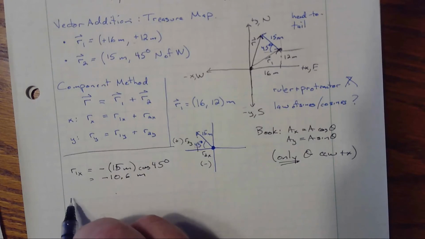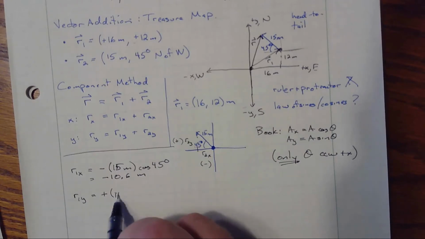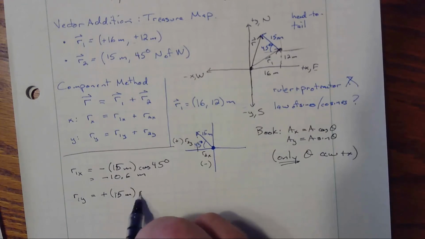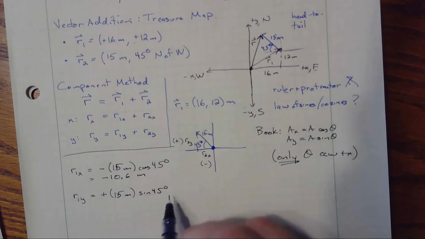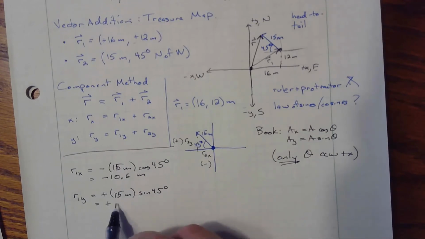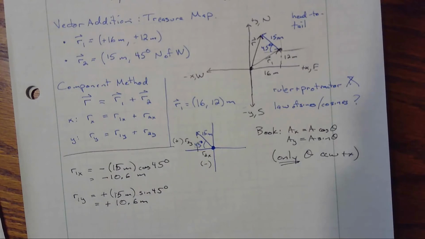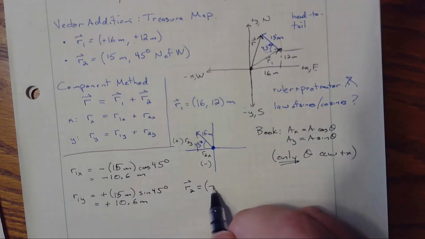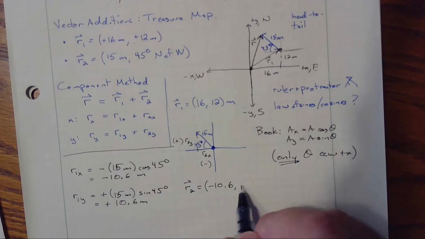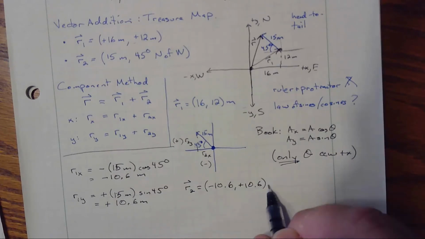And then my r1y will be equal to positive 15 meters times the sine of 45, and since sine of 45 is equal to cosine of 45, that's also equal to 10.6, except now that is positive, meaning that my r2 I can write as negative 10.6, positive 10.6 meters.